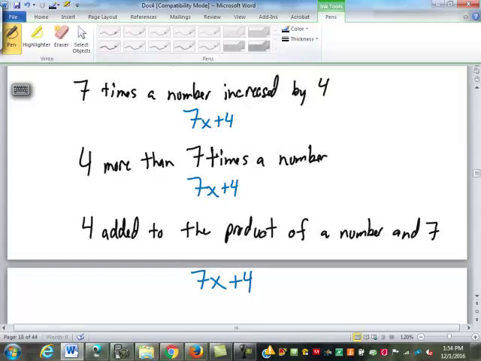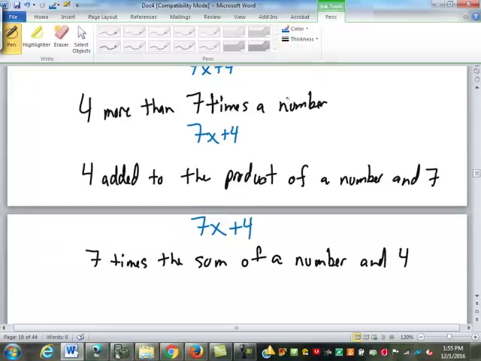Well, how about this one? What's that one going to look like? Okay.